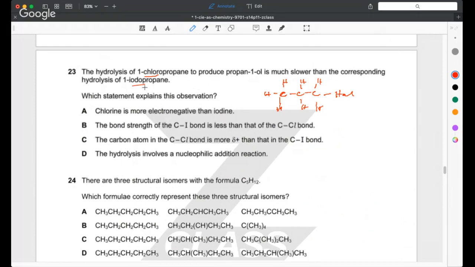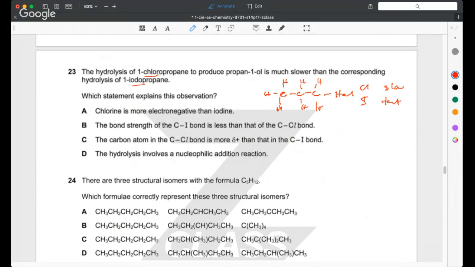And you've got to say, well, which one of these is going to react faster or slower in this case? So when the halogen there is chlorine, it's slow, and when it is iodine, then it's fast.